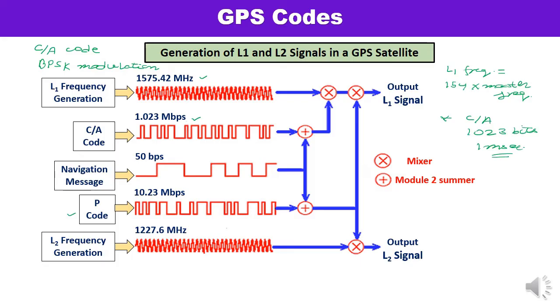the L2 carrier frequency, and the L2 carrier frequency is what? 1227.6 megahertz. Here the L2 frequency is 120 times the master clock frequency, as we calculated in the case of L1, and the master clock frequency is 10.23 megahertz.